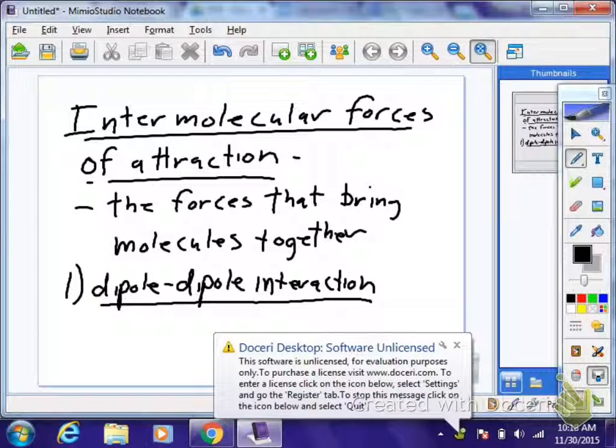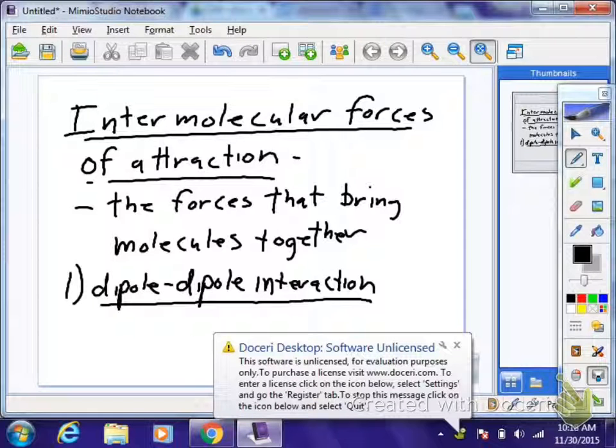Okay, last chapter, a dipole is when you have one side of the molecule slightly positive and one side slightly negative. That's a dipole. Okay? So what would create a situation where one side is slightly positive and the other side slightly negative?